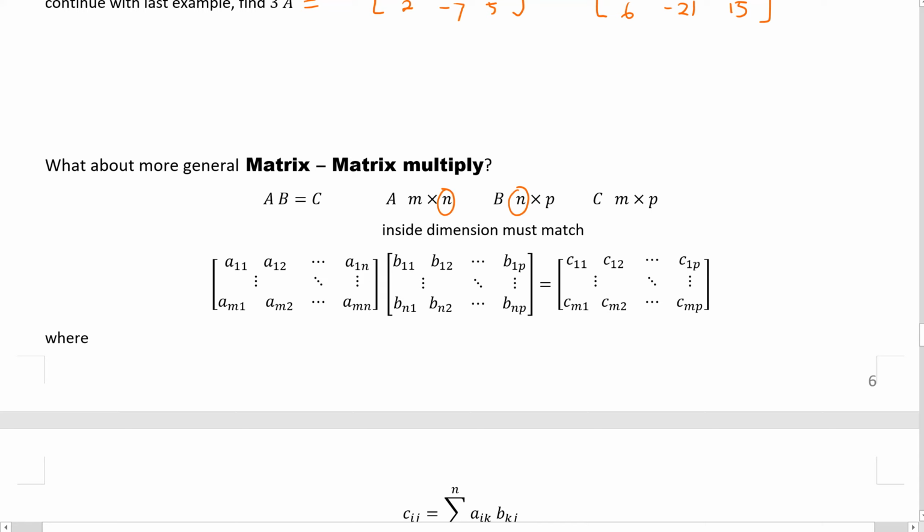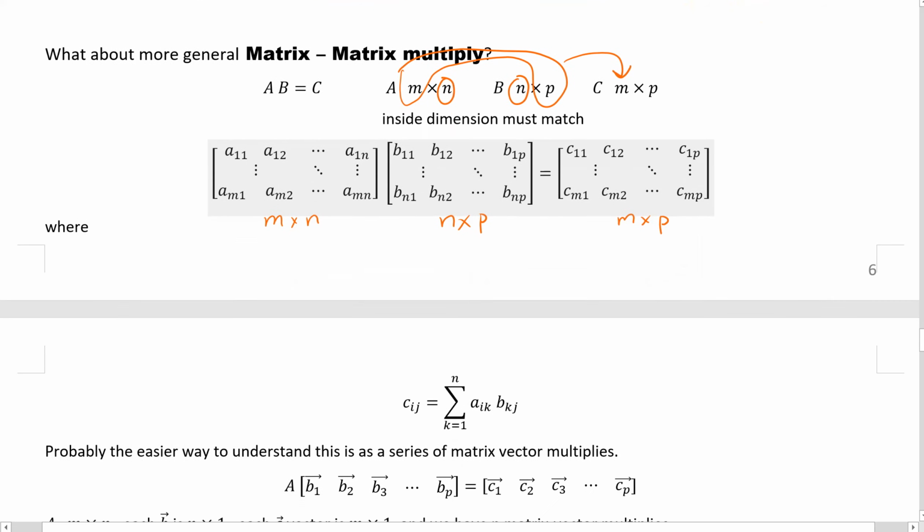And then the output of the matrix multiplication, the result C, is gonna have size M by P. So the outer dimensions give us the dimension of the result C. Okay, so you can see here this is M by N, this is N by P, and our result is gonna be an M by P matrix.